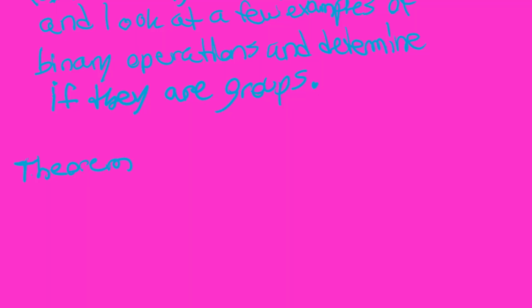So let's look at some theorems first before we look at the examples. So here's one theorem. In a group G, there is only one identity element. So let's look at the proof for this.